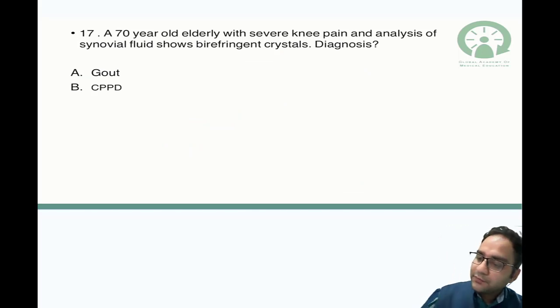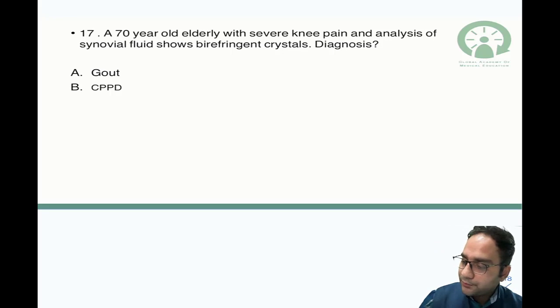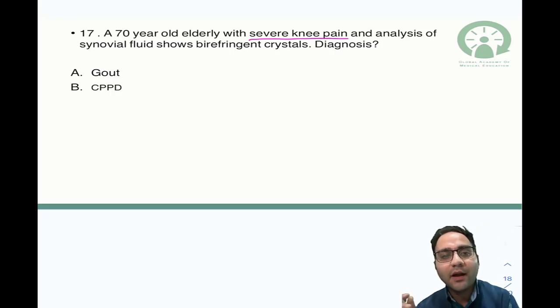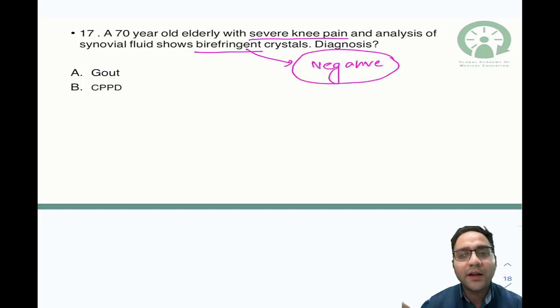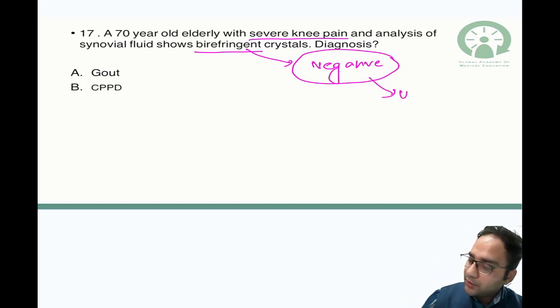Next question. There were, I think, 2 to 3 questions on gout. So you have a 70-year-old elderly patient with severe knee pain, and analysis of the synovial fluid shows birefringent crystals, right? Now, if you had negative birefringent crystals in your option, then your answer would be uric acid.